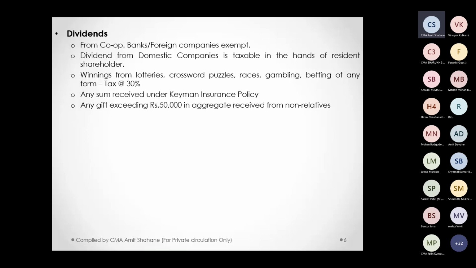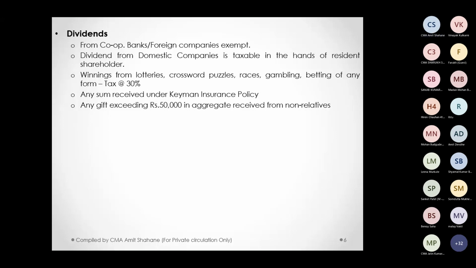Similarly, son, daughter, and your real brother, real sister will be considered as your related party. So again, you'll have to be very clear about what is included and what is not included in the definition of related party.